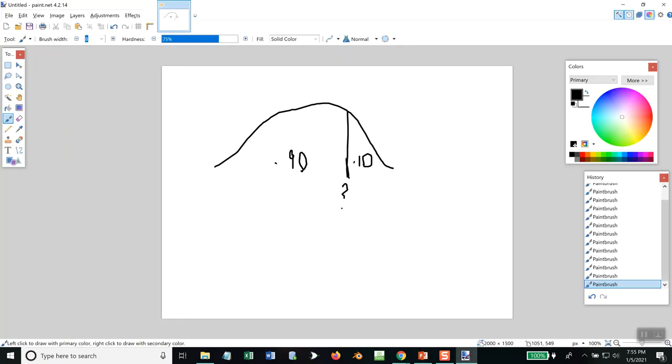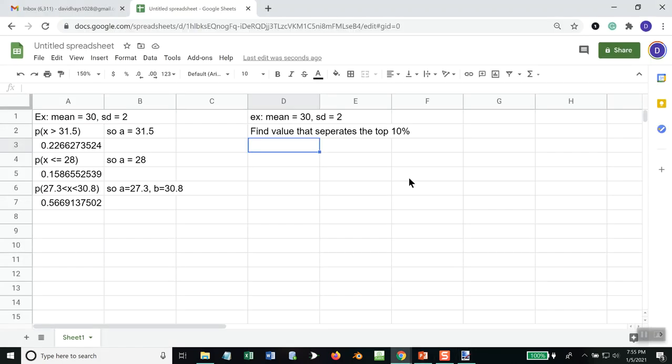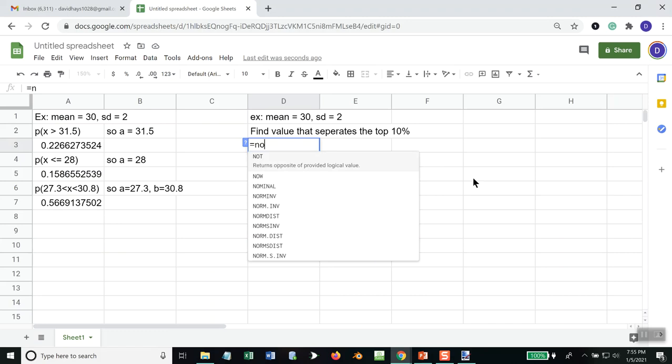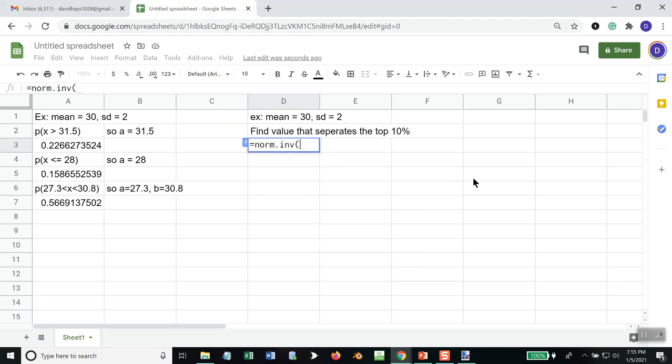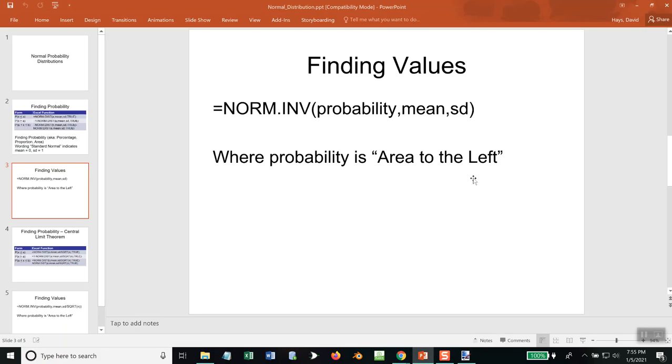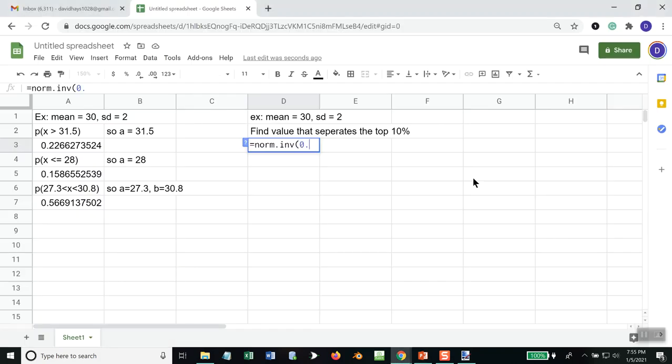So we're trying to find this value right here, and the area to the left of it is 0.90. So we'll go equals norm.inv, probability, which is area to the left, so 0.90, comma, our mean and standard deviation, 30 and 2. And that'd be our answer.